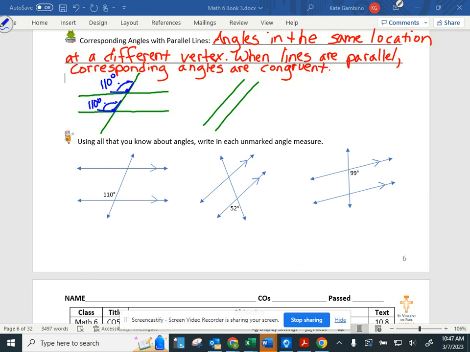Let's look at if we had, let's say our parallel lines go this way. If I'm looking at this angle, here's its vertex, where is its corresponding angle?